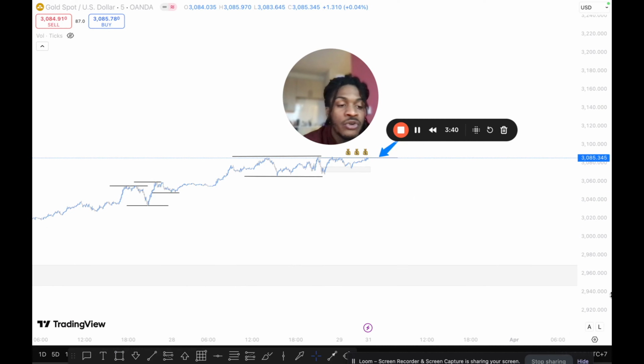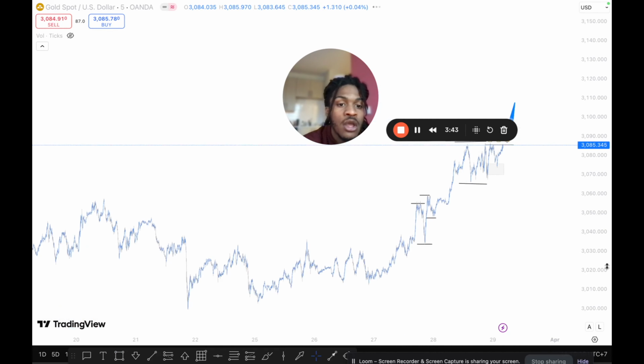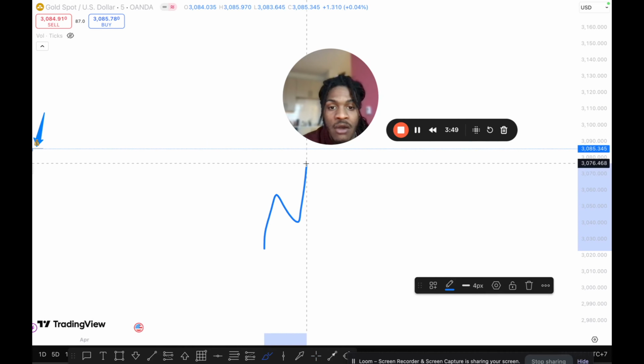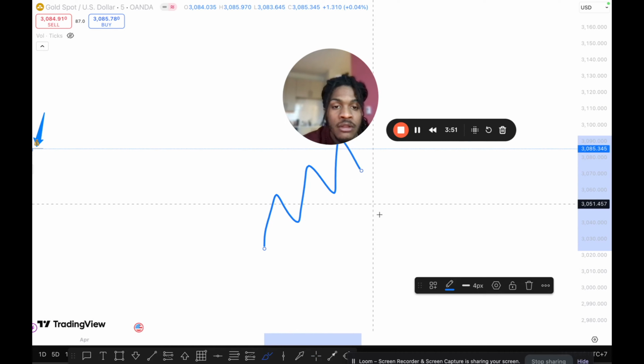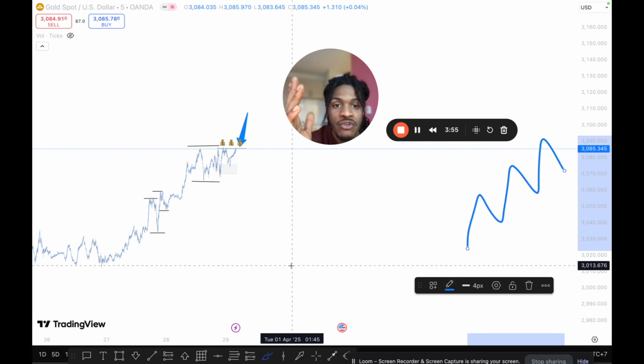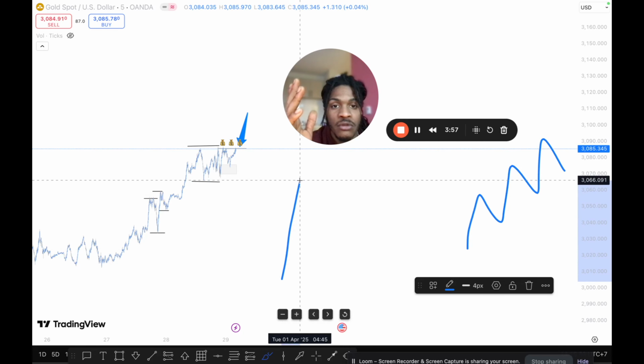But market structure is almost your best friend, because like I said, market structure is the structure of how the market moves. So when markets are healthy, it goes up, down, up, down, up, down. And sometimes when there's high volume, the market doesn't have time to do that. So you'll see this expansion, right?